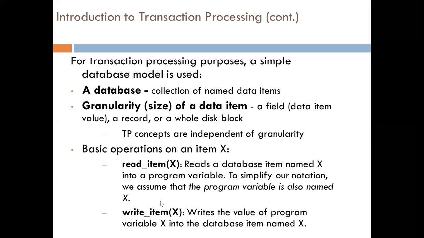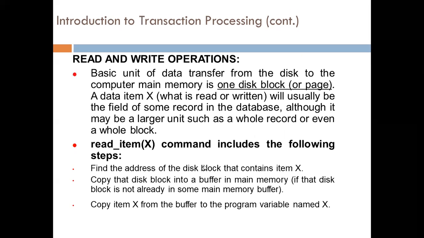Write_item(X) writes the value of program variable X into the database item. So reading from the database and storing in the program variable is read_item, and in write_item the program variable is written into the database. Read and write operations are the basic unit of data transfer.